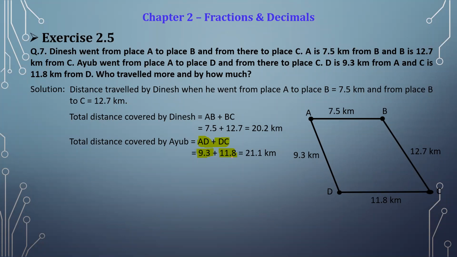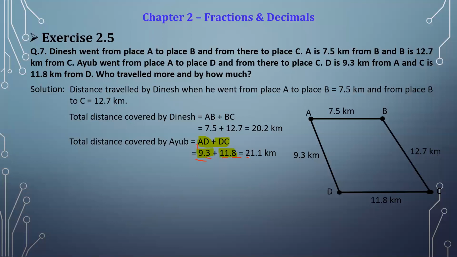First of all, add the decimal part. 8 plus 3 is 11, so 1 is taken as a remainder. The decimal point remains as it is. Then 11 plus 9, which is the integral part, is 20, and 20 plus the remainder 1 is 21.